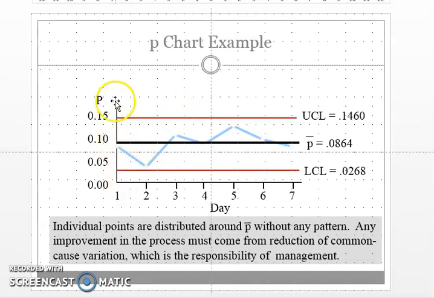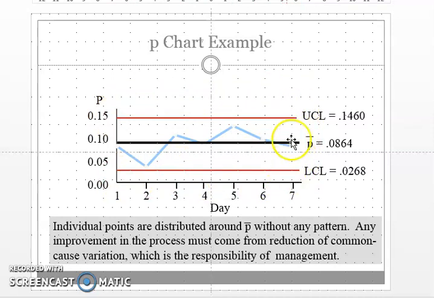On the y-axis there is the proportion, and on the x-axis these are the dates. On the first day, you have to mark the proportion here. On the second day you mark the proportion here. The third day you mark the proportion here. Before that, first you have to draw the p bar line, and after that the upper control limit line and lower control limit line.